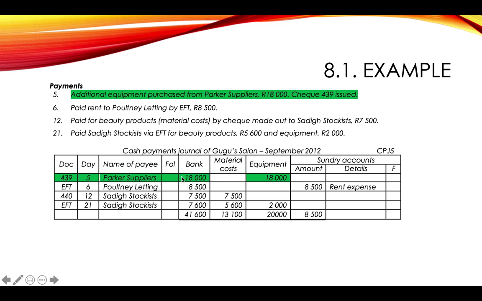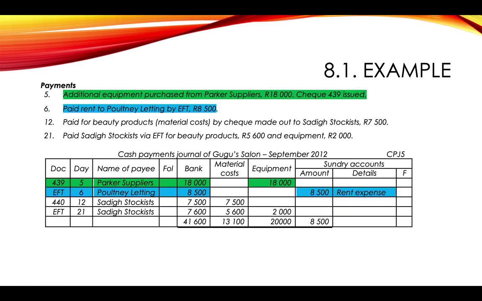And then the amount needs to obviously go into bank because you're doing the cash payments journal. Bank will always be involved. And then you say, well, what did I spend the money on? It's told me over here, equipment. And so therefore I will go to my equipment column and put 18,000. If I didn't have an equipment column, then I would have entered it in sundry accounts.